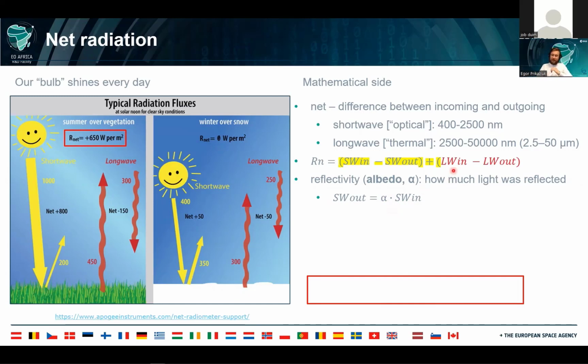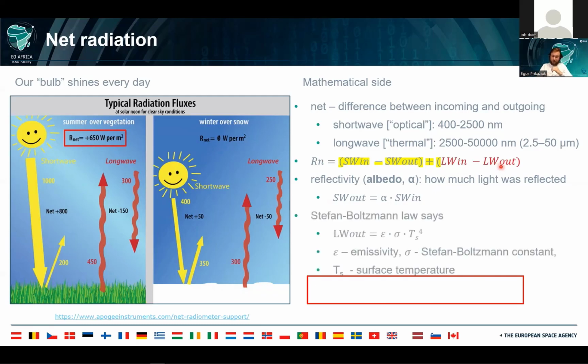Then the outgoing energy of Earth is determined by the Stefan-Boltzmann law, which says that the energy emitted is proportional to the fourth power of the object temperature. And with a little bit of reorganization, we come up to this view of net radiation.